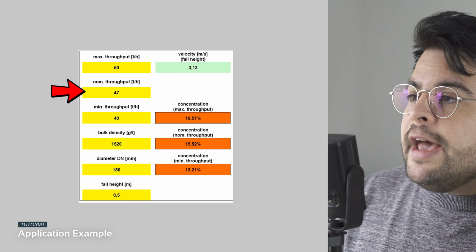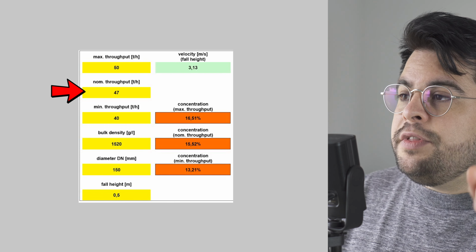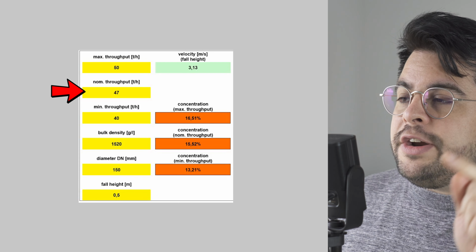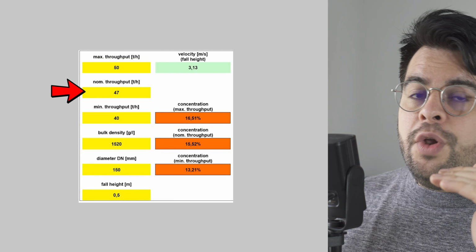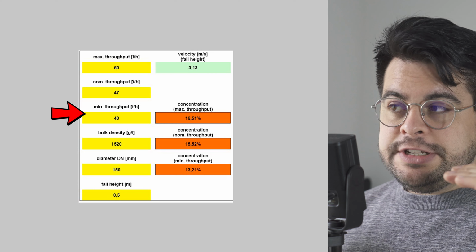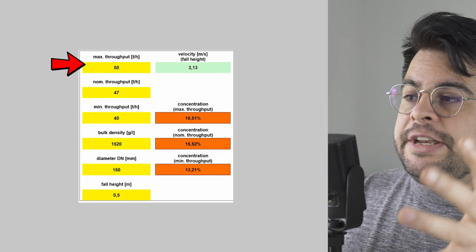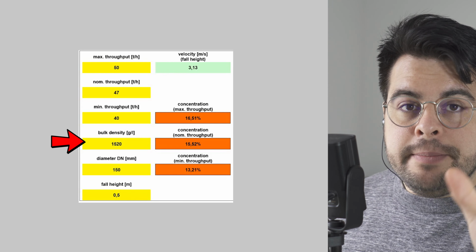So let's jump into the application here. We have a process with the following characteristics. The nominal throughput is 47 tons an hour. This is what the customer wants to keep, but the flow can fluctuate from 40 tons an hour all the way to 50 tons an hour. The material bulk density is 1,520 grams per liter.